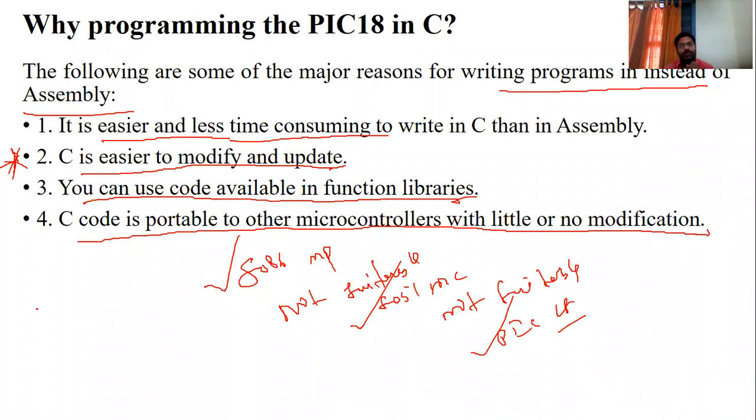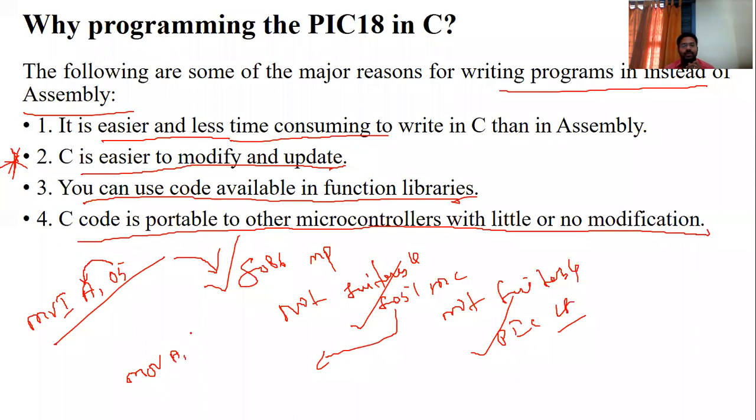For example, MVI A, 05 is the move immediate instruction in the 8086 microprocessor: the data 05 is moved to register A. In the 8051 microcontroller, I write MOV A, some data. See this difference.